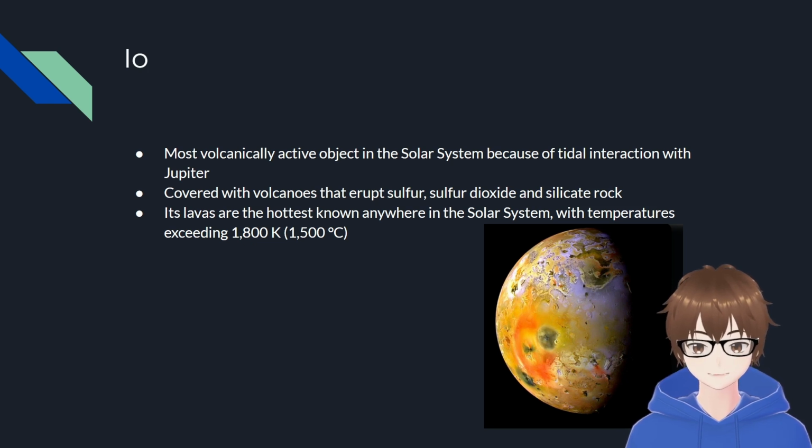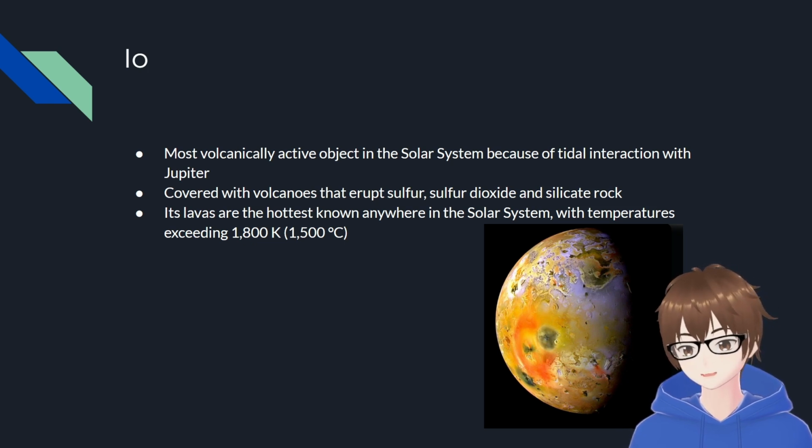I guess the gravity energy of it pulling on Io heats it up. And Io is covered with volcanoes that erupt sulfur, sulfur dioxide, and silicate rocks. And its lava is the hottest known anywhere in the solar system, with temperatures exceeding 1,800 Kelvin, which is 1,500 degrees Celsius. And they have a picture here of Io.